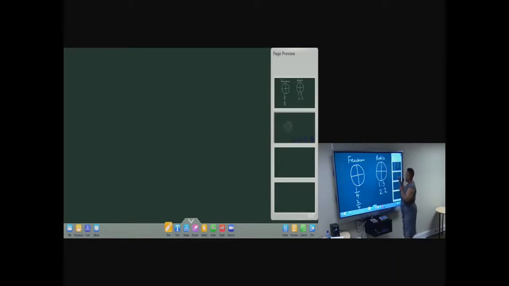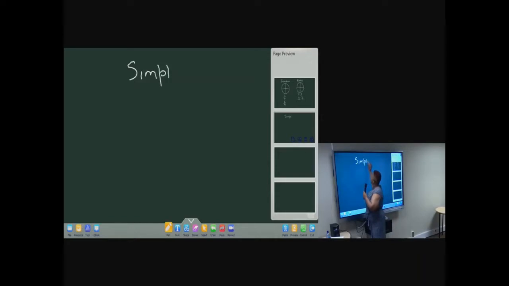The first thing about ratios and fractions is that they can be simplified. When we talk of simplification, we mean when something can be divided by the same number, that is the highest common factor. Like when I had a 2 is to a 2, both are divisible by 2, so you can have a simplified ratio in the form of 1 is to 1.